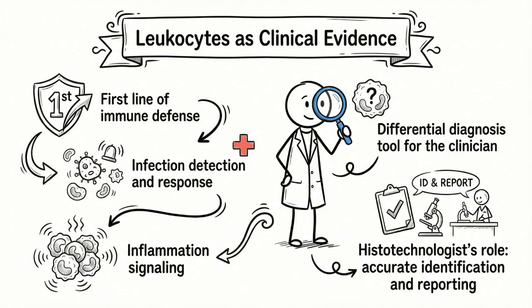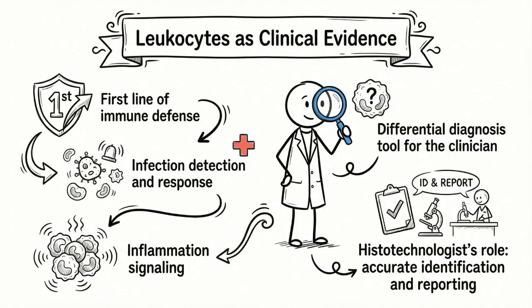Similarly, reactive lymphocytes are crucial indicators of an active immune response, frequently seen in viral infections. That information directly influences whether a patient gets antibiotics, antivirals, or a bone marrow biopsy. Your eyes on that microscope matter. Don't underestimate that. This is why leukocytes are such powerful clinical evidence.